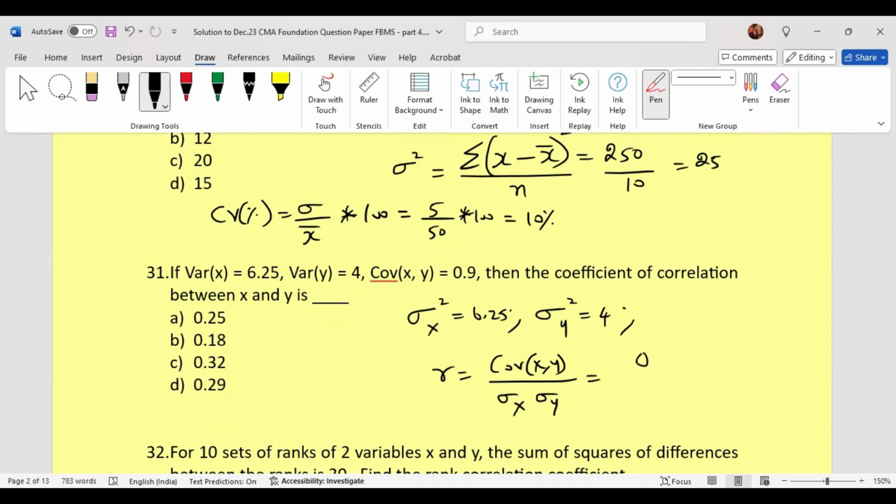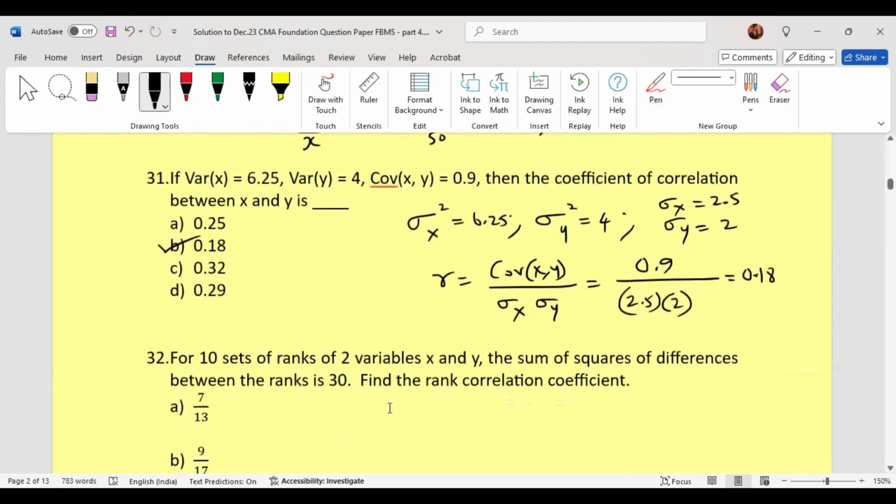So which is 0.9 divided by square root of this one, sigma x square will be sigma x. And if we do that, we get 2.5. Similarly, standard deviation of y will be 2. So here we have 2.5 into 2. So if we evaluate that, we will get 0.18. Means option B will be the right option.